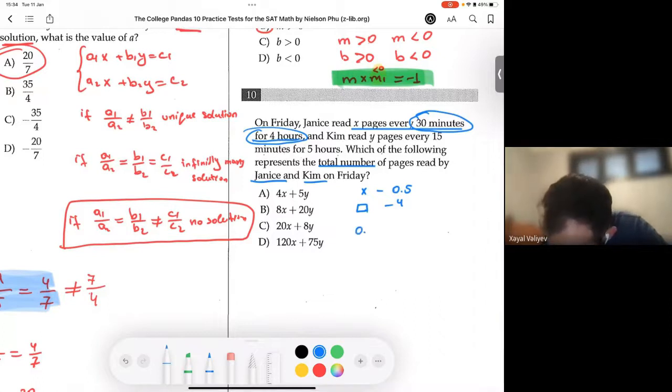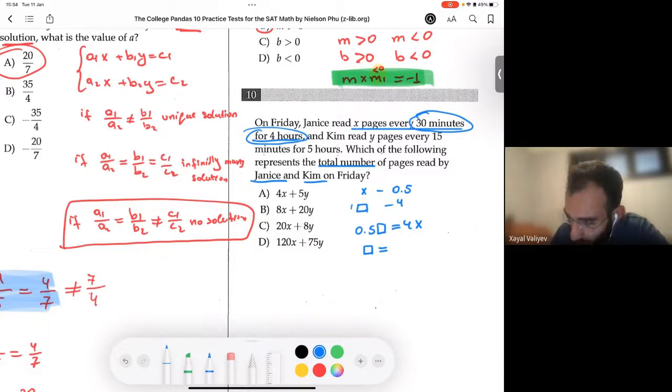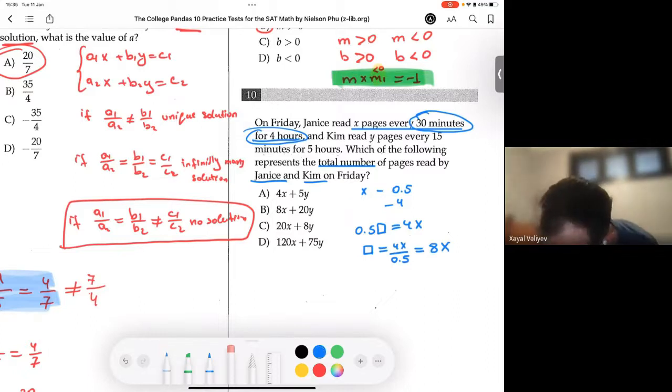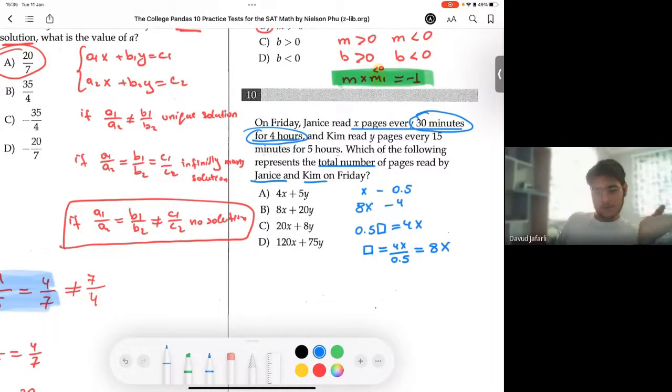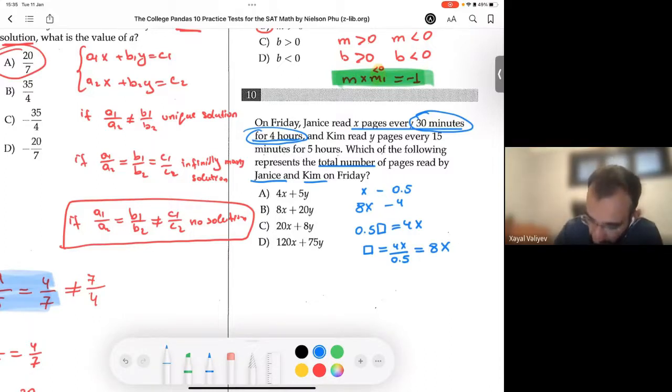I'll have 0.5 boxes equals 4x, and I'm looking for the box, the number of pages for 4 hours. The box will be 4x divided by 0.5, which is 8x pages for 4 hours. The answer is B.